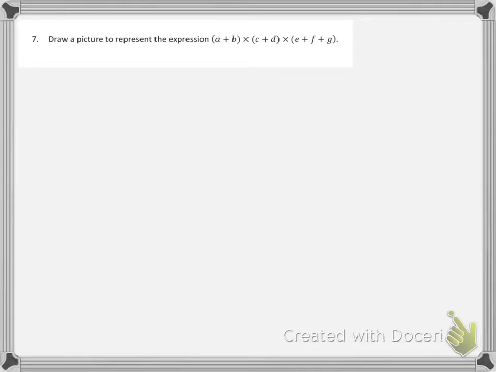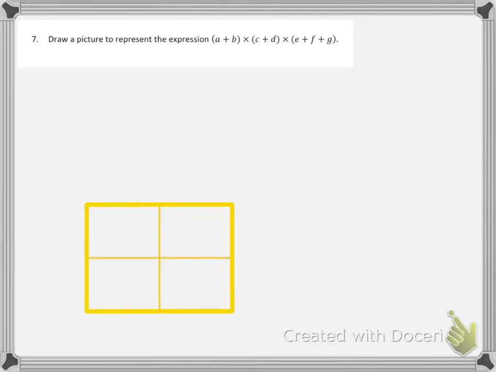All right, number 7, draw a picture to represent the expression a plus b times c plus d times e plus f plus g. Well, we'll just draw the picture and see what it looks like. So let's start here. And I'm just going to split this into 4 equal segments.